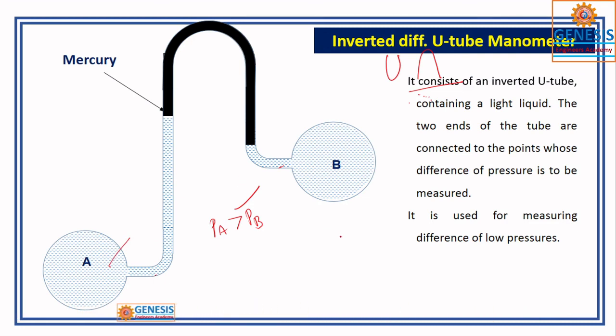These U-tube manometers or simple manometers are used mainly for measuring low pressures, only in terms of 1 bar, 2 bar, like that. Hundreds of bar, it cannot sustain. We cannot provide that much height in the limbs of a U-tube manometer.